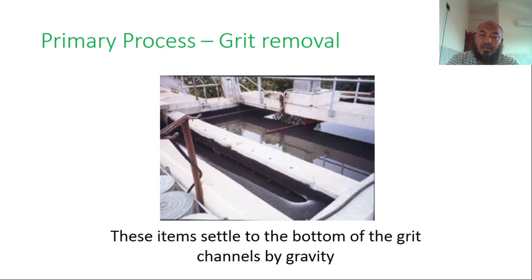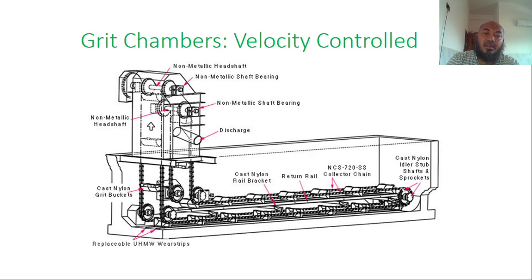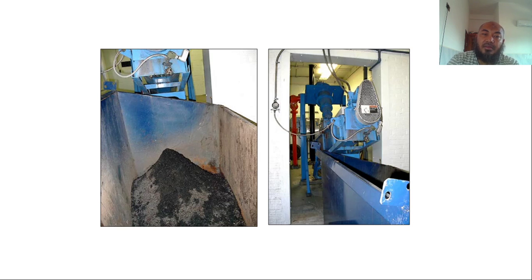These items settle to the bottom of the grit channel by gravity. Okay, so in the grit chamber, this is velocity control. They will control the velocity at the same time to remove the grit. So this is the residual from the grit chamber.